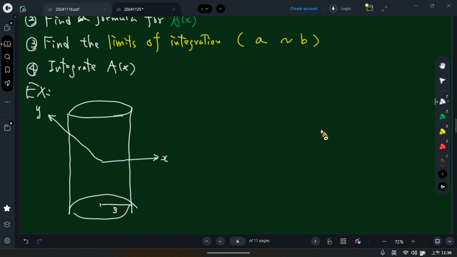Then I use a slanted plane to cut it. Originally we have a circle here also, right? Then we just use a slanted plane to cut it.